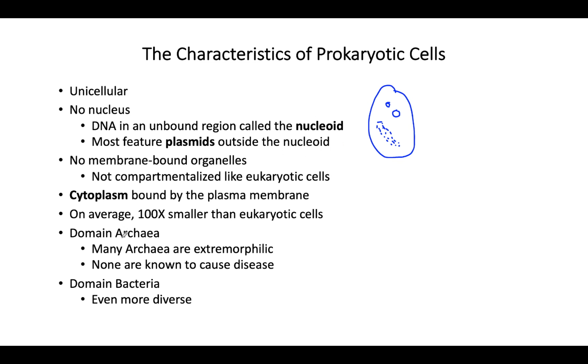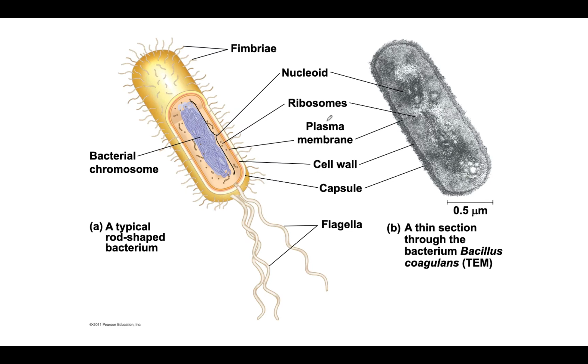There are three domains. One is bacteria, another is archaea, the third is eukaryota, but two out of three domains, bacteria and archaea, have prokaryotic cells. They look this way. A single cell, and inside the cell there's no nucleus. There is the nucleoid, where the DNA molecule is clustered, and some small ribosome molecules.